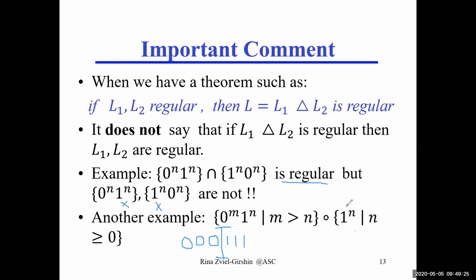So the resulting language will always be a regular language, since I just have to check that we have zeros in the prefix and ones in the suffix. I will always claim that the zeros belong to this language, and m is always larger than n, since I don't have ones there, and all the ones will always go to the second language, which in any case was a regular language.